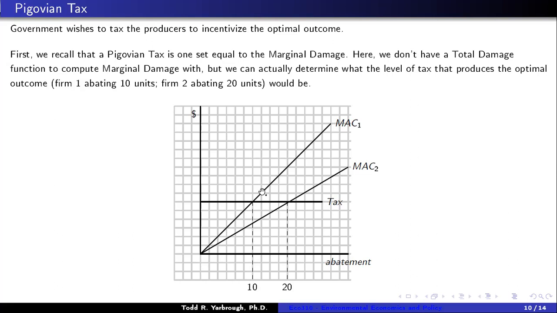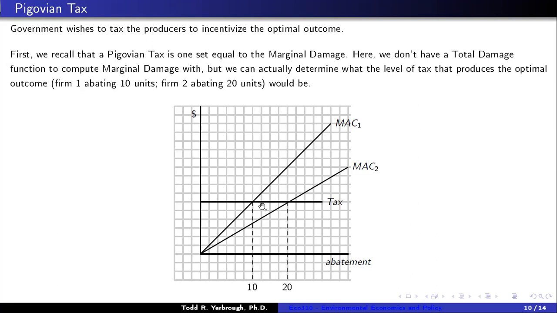So instead of paying to abate beyond 10 units, it makes sense for the firm to just pay the tax and pollute. So here we can see that the optimal solution is achieved whenever the tax is set such that it intersects the marginal abatement cost curve at the level of optimal abatement.